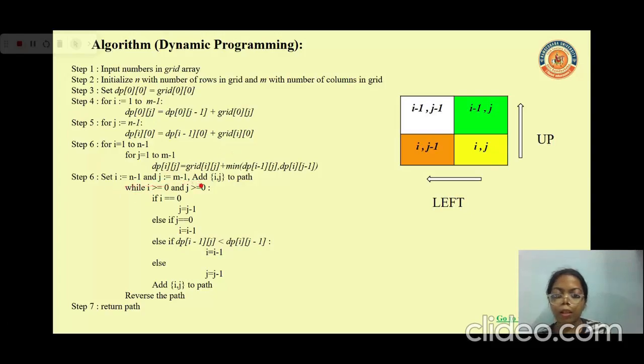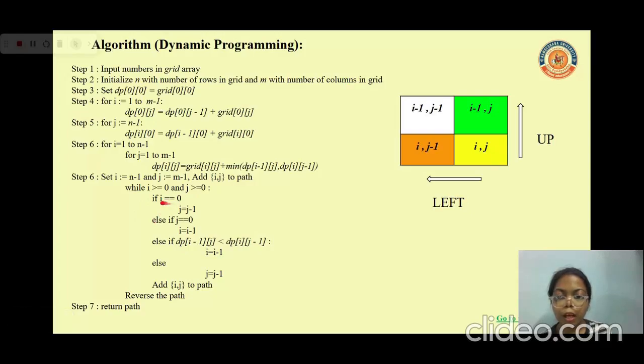And now I will construct my path. I am starting backward, from the bottom right corner. I have initialized i with the number of rows and j with the number of columns. So I will first add this pair to my path, and until I reach my top left corner, I will repeat these steps.